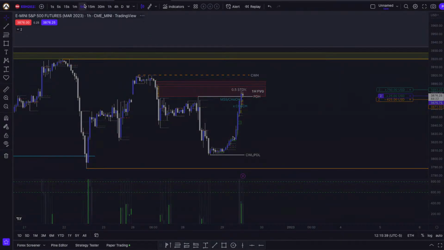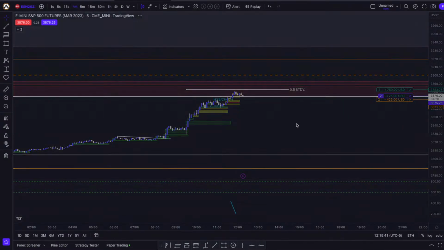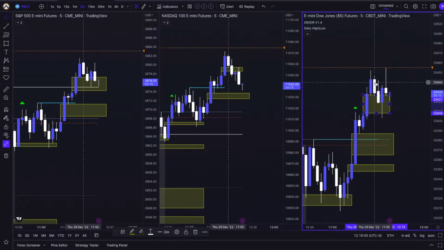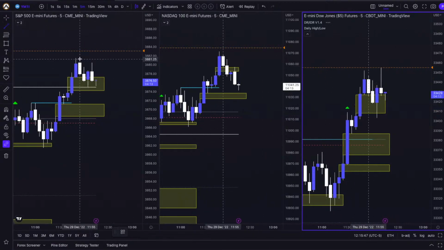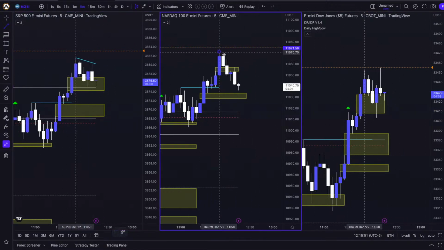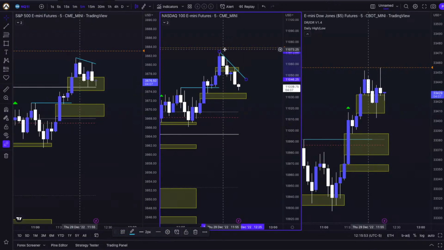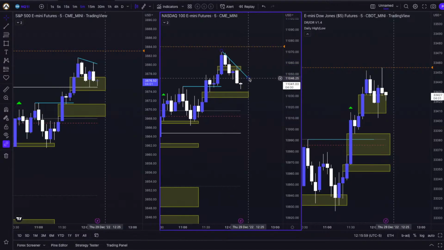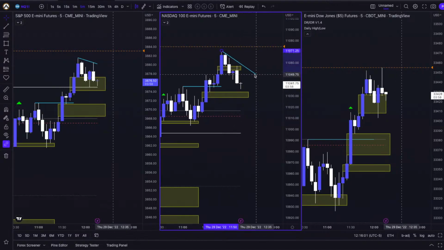So let's go back to our 5 minute, 1 minute chart. Check all the indices. Right now we see that we actually have a small SMT divergence going on with lower highs on both NASDAQ and the S&P. Let me actually connect those two highs properly. Make a little resistance line right here.